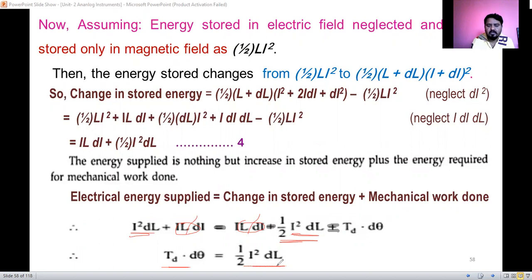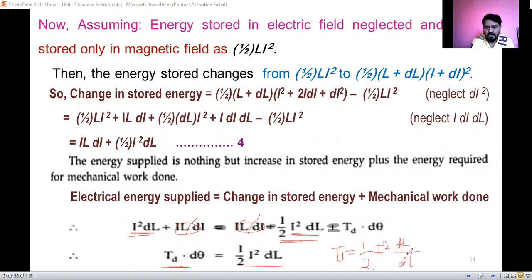From this, can you tell me the deflecting torque equation formula? Td equals 1 by 2 I square dL by d theta. Yes, sir.